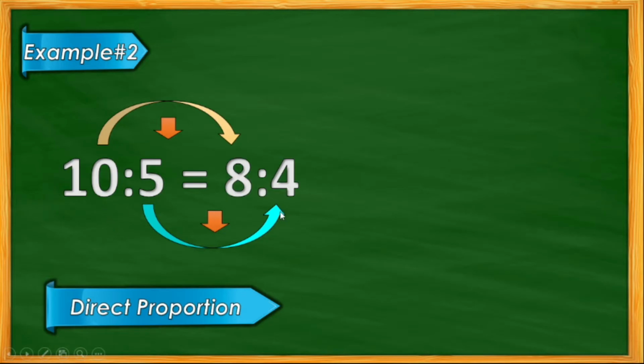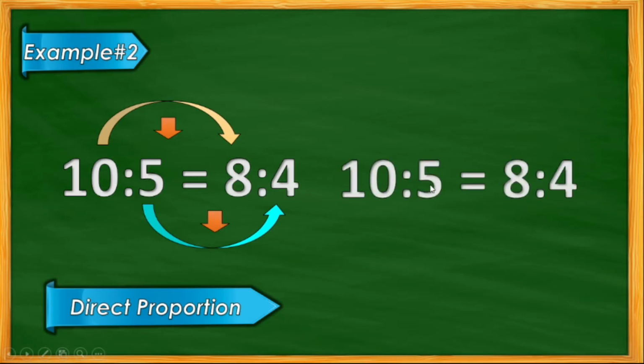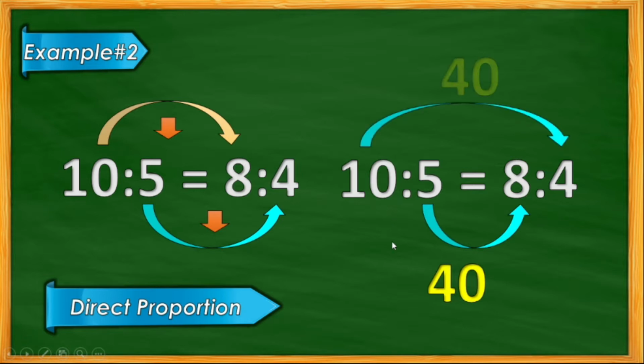So the two ratios are a direct proportion. Now let's check if the two ratios are a proportion. Multiply the means and the extremes. 5 multiplied by 8, the answer is 40. 10 multiplied by 4, the answer is 40. So 40 is equal to 40. Therefore, 10 is to 5 is equal to 8 is to 4 is a proportion and also a direct proportion.